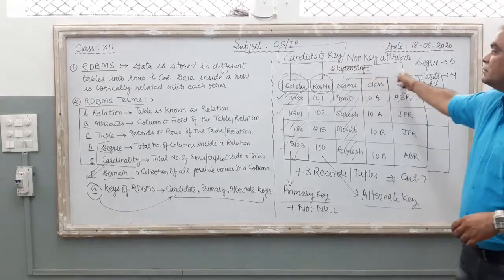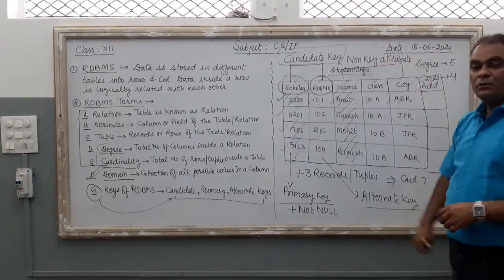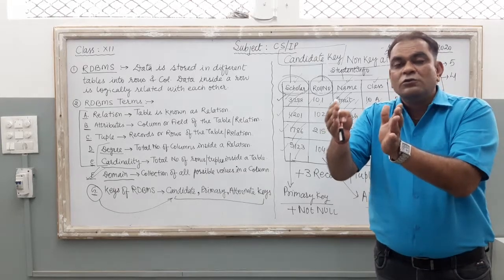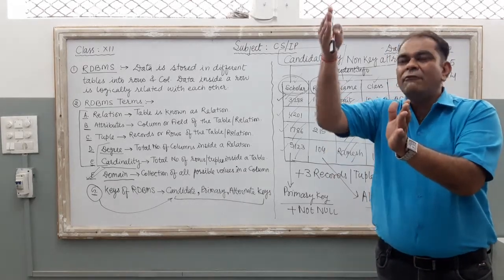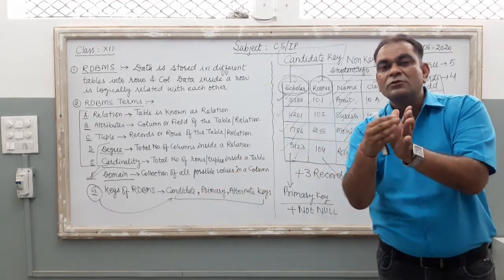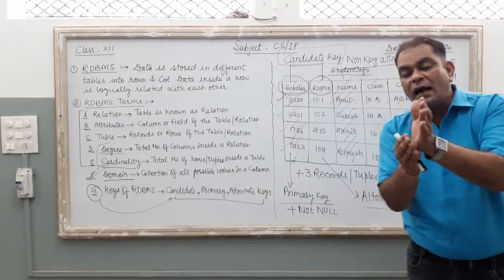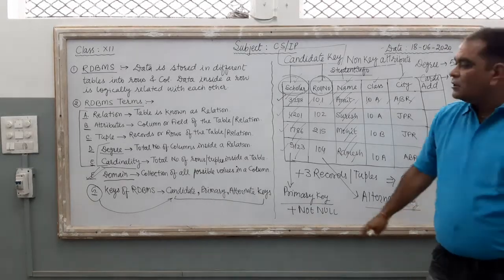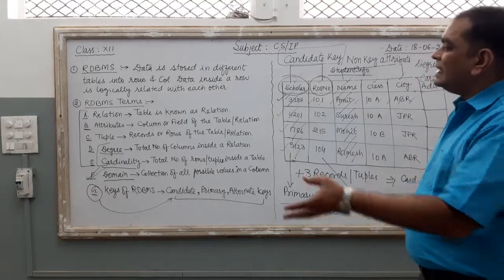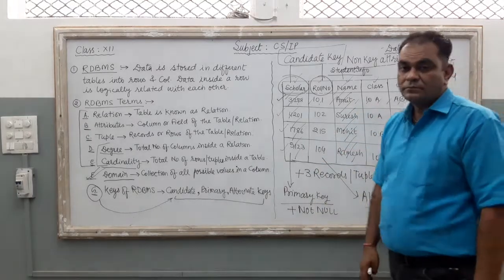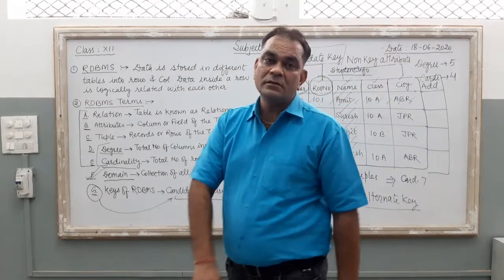The rest of the columns are known as non-key attributes. Out of the candidate key columns, you have to set any one column as the primary key column, and the remaining candidate key columns fall under the category of alternate key. Clear? So this is the concept. These are the terms of relational database management system. I hope you understand the terms. Thank you.